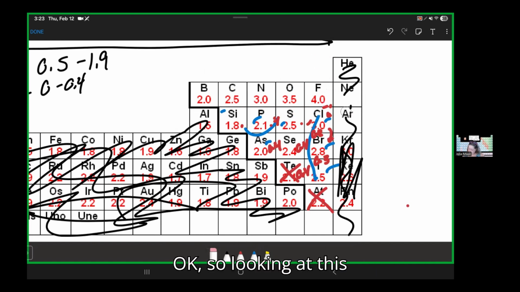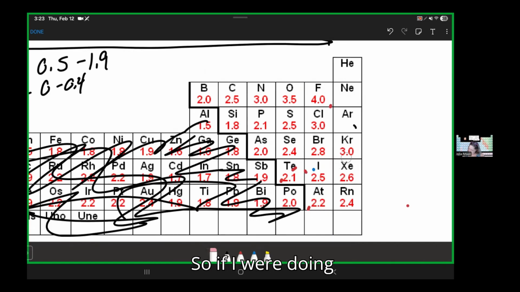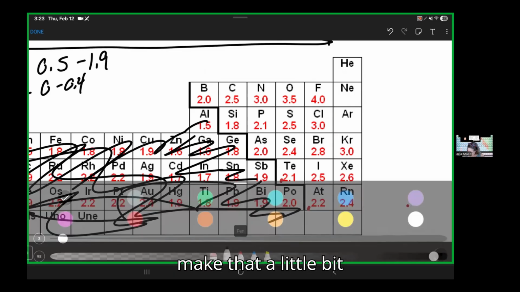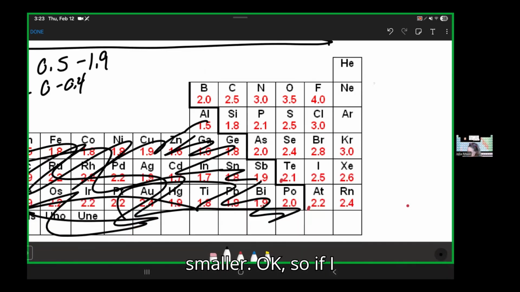So looking at this chart, if I were doing, let's see, I'm going to make that a little bit smaller. So if I were doing that CH4 that I did earlier.